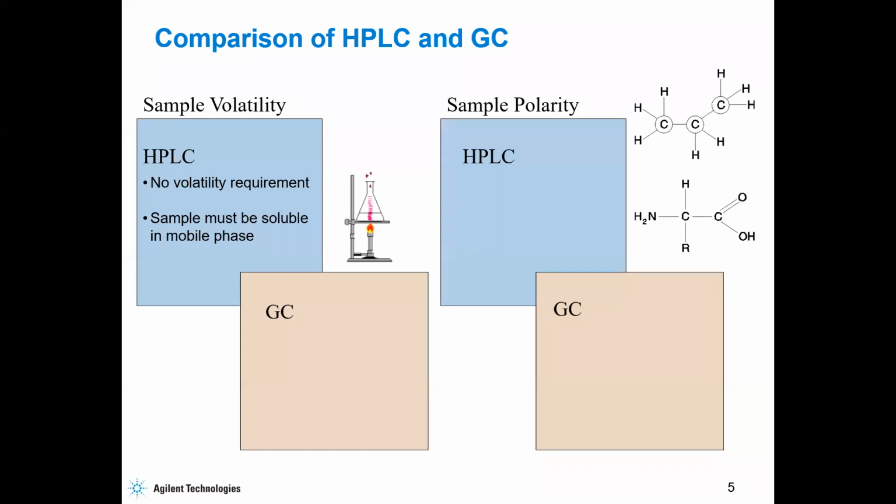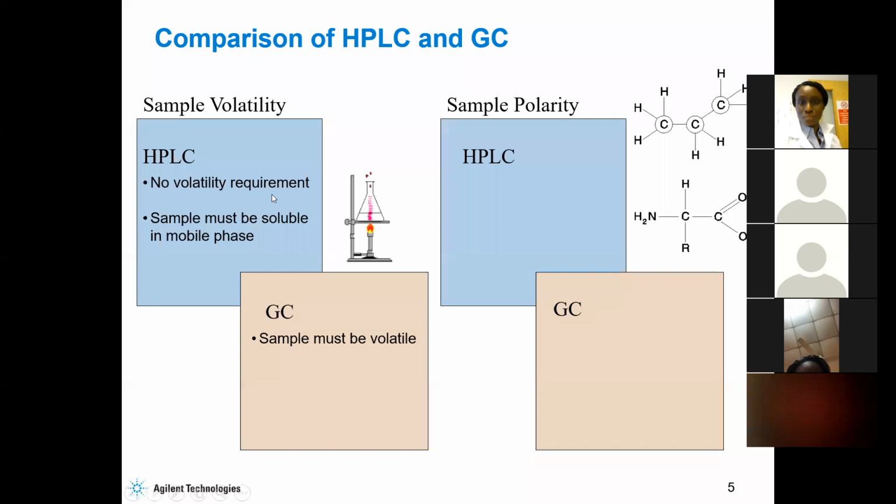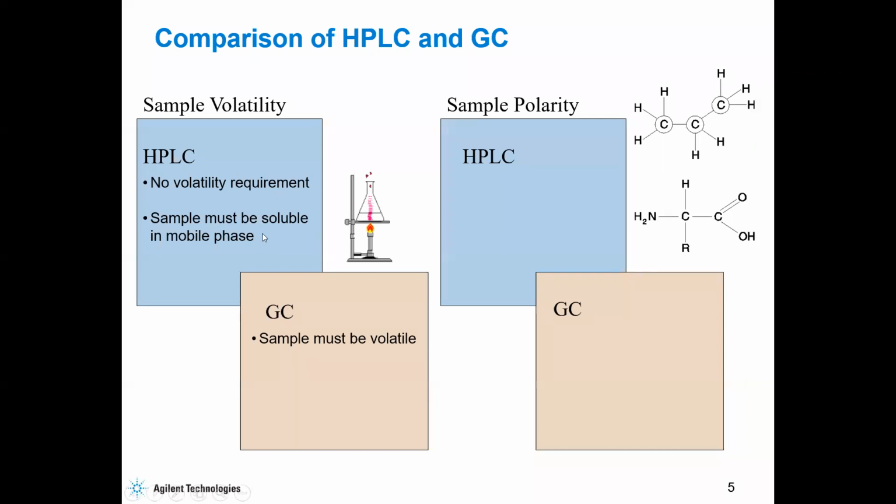In terms of volatility, for GC you need a volatile sample. For HPLC, your sample does not have to be volatile. The requirement for HPLC is that your sample should be soluble in the mobile phase. That's the major requirement, while for GC, the sample must be volatile.